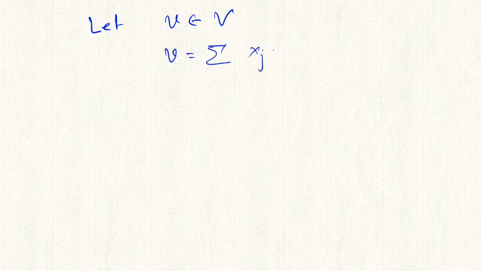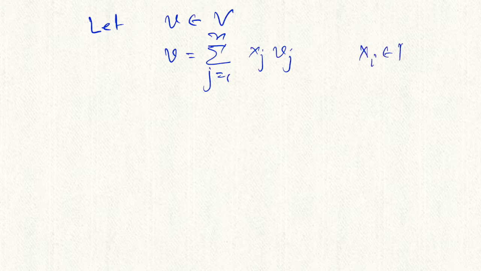After this, now we consider any element of V. Let v belong to V. Then we can write it as a linear combination of elements of alpha, say the summation of xj vj, and j varies from 1 to n because there are n elements, where xj belongs to the field.